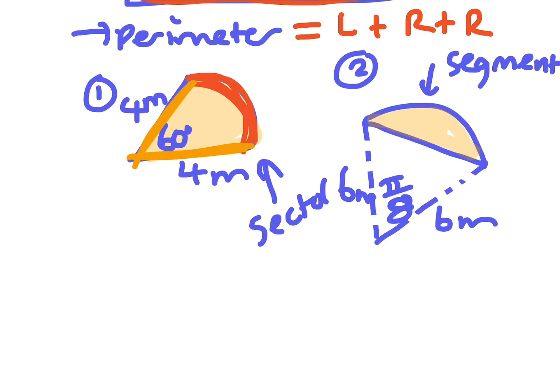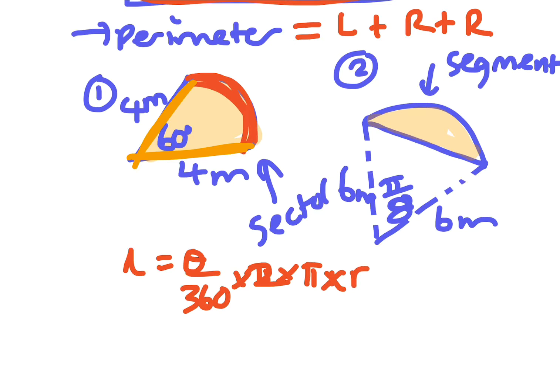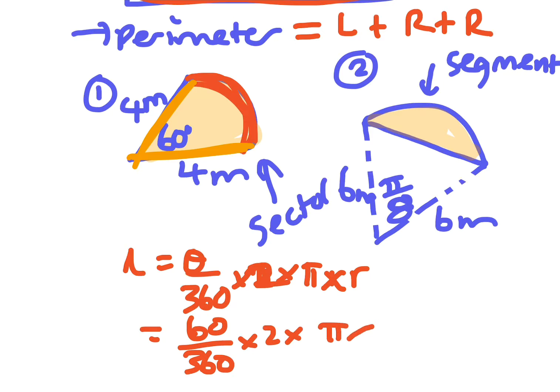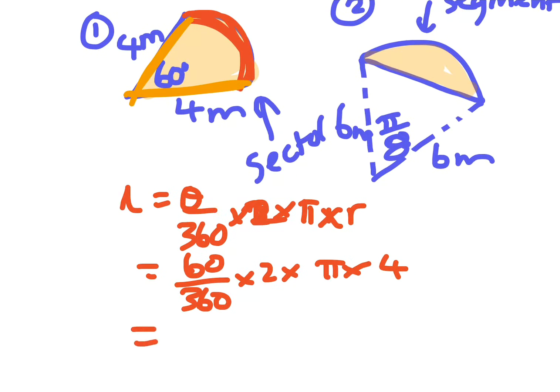So if I was going to get the arc length, we go theta on 360 times 2 pi r, which is 60 on 360 times 2 times pi times 4. This is on your formula sheet. So I'm just going to look at that then.